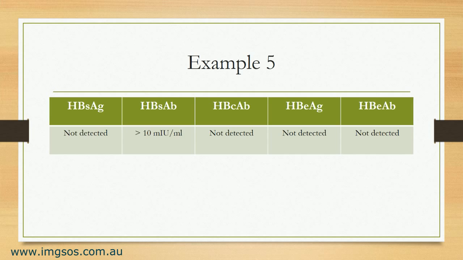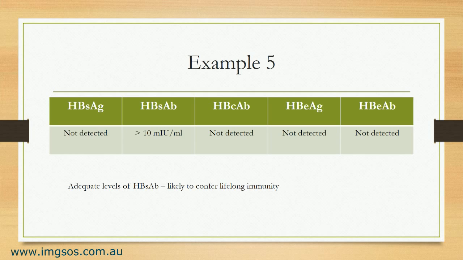And we've got a quantitative measure here of greater than 10 milli-international units per mil. So what does that mean? Greater than 10 milli-international units per mil are adequate for someone who requires immunity. This is particularly for people like healthcare professionals that are in high-risk professions, and is likely to confer lifelong immunity.